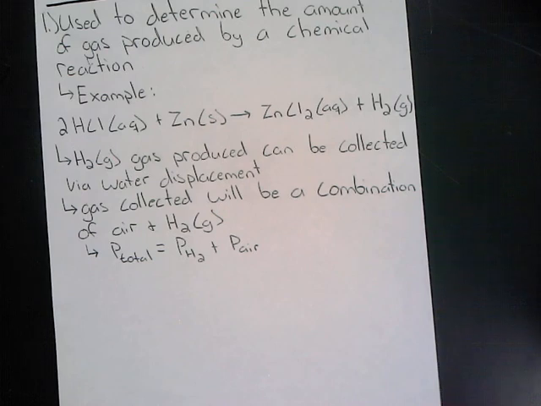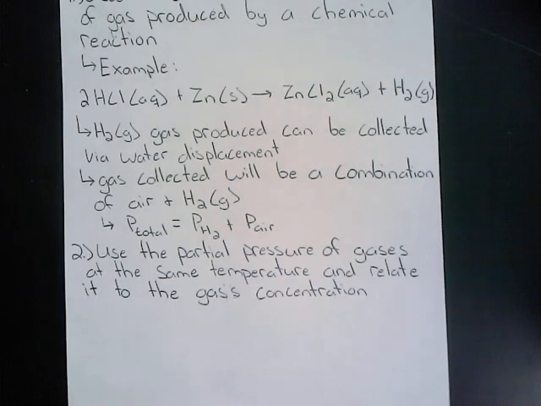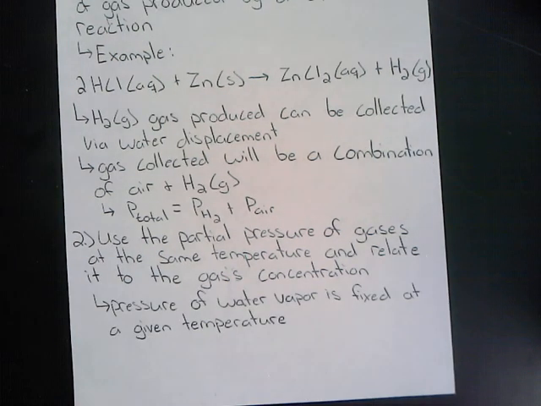Thus we could figure out, in an experiment, how much hydrogen is actually collected. What we could also do here is use the partial pressures of gases at the same temperature and relate it to the gas's concentration. We have to remember here that the pressure of water vapor is fixed at a given temperature, and a calculation can be made to determine the partial pressure of hydrogen.